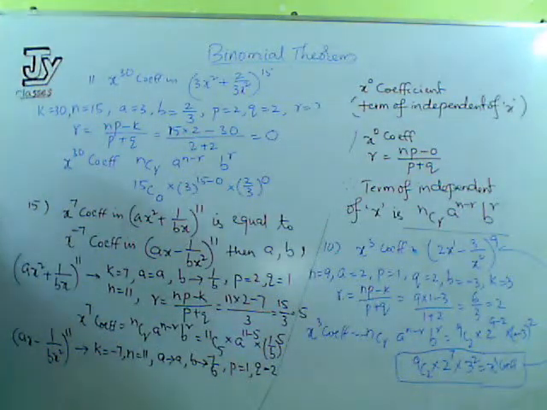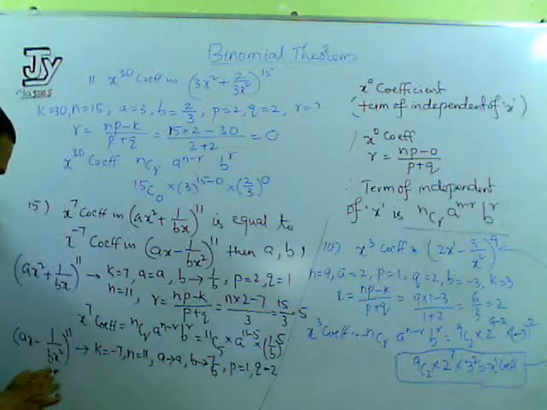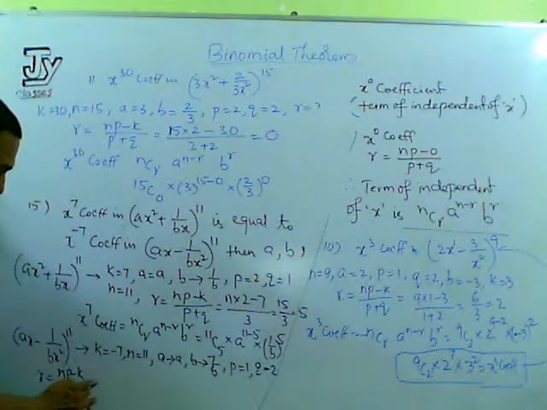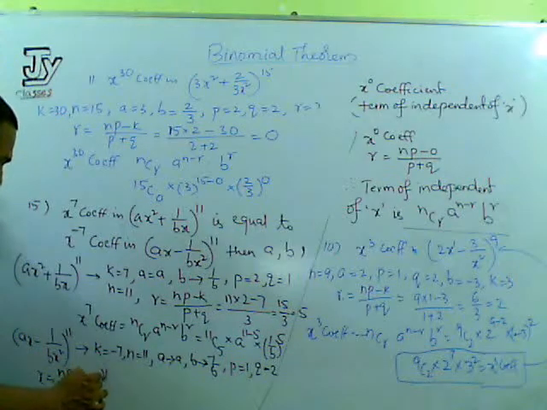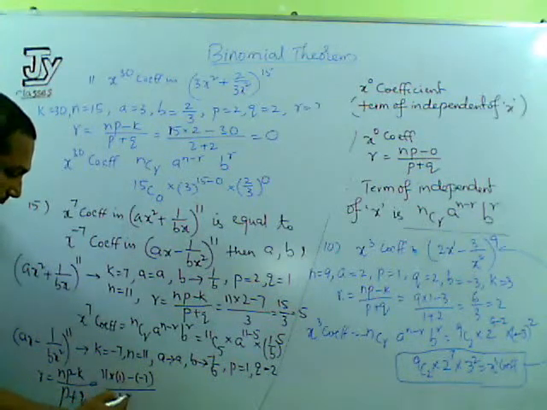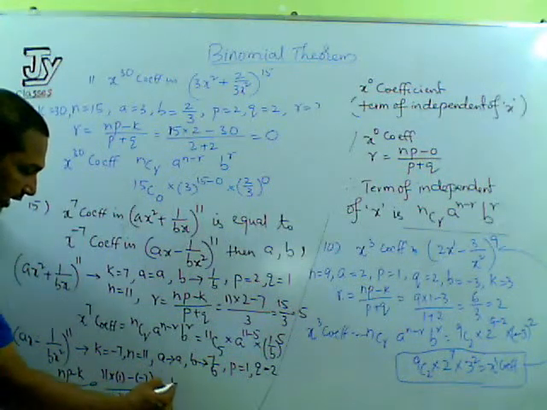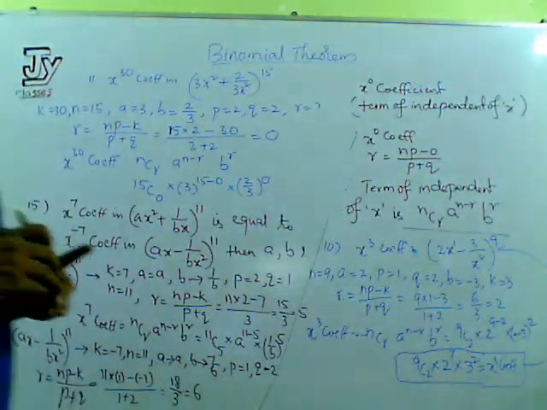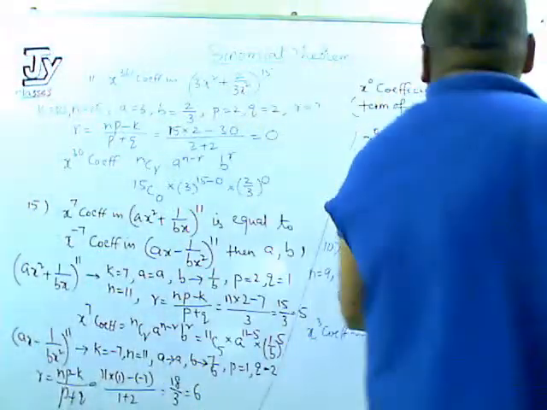So r value (np minus k) by (p plus q). n means 11 into p value 1 minus of minus 7 by p plus q, 1 plus 2. 11 plus 7, 18 by 3, that is 6. Okay.